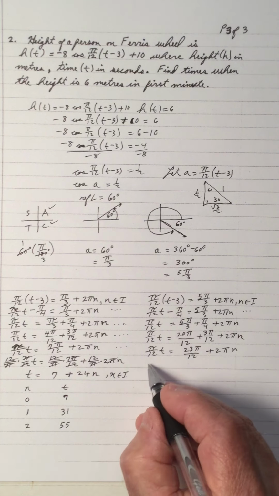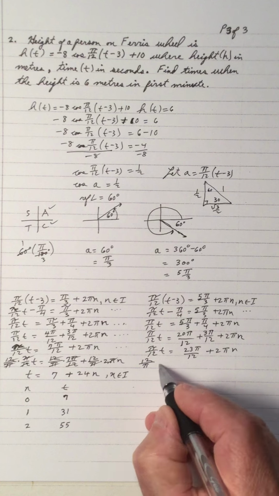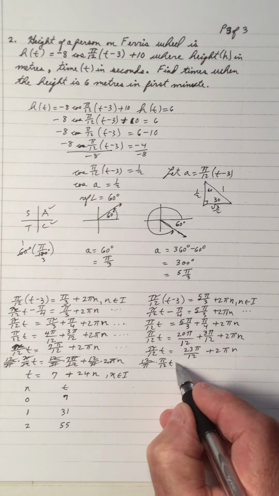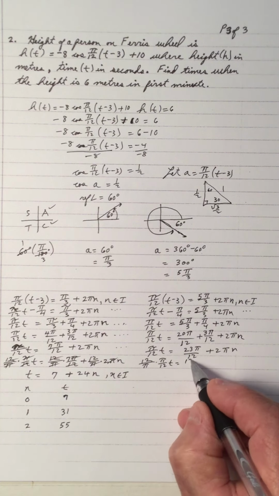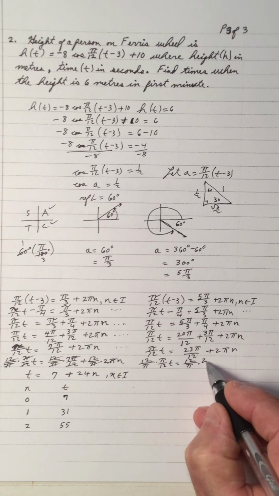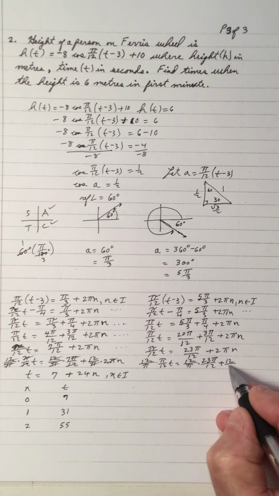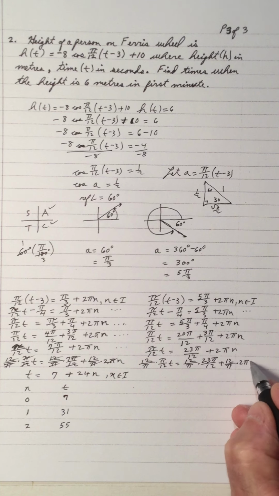And again we multiply by 12 over pi on each term. We're multiplying the equation by 12 over pi on each side. So 12 over pi times 23 pi over 12, add on 12 over pi times 2 pi n.